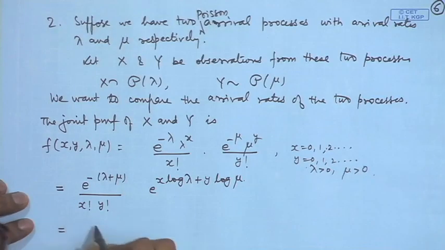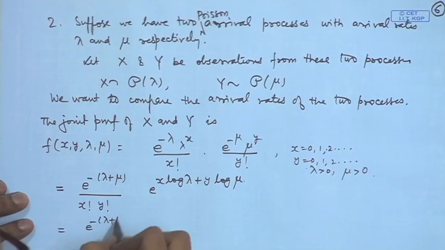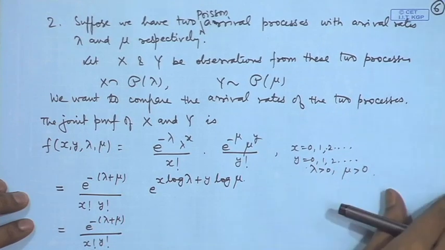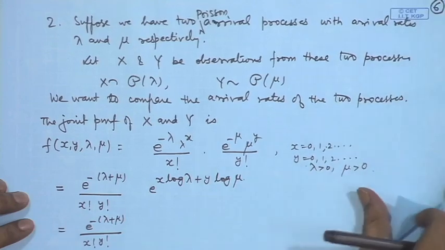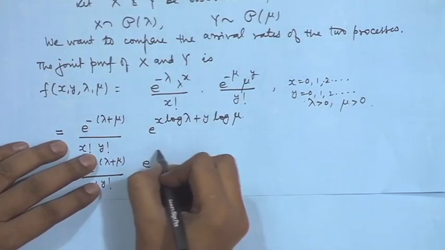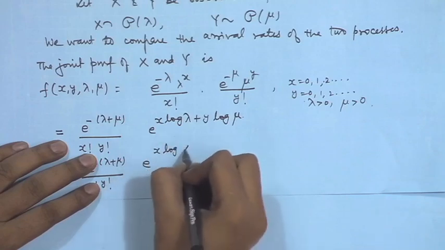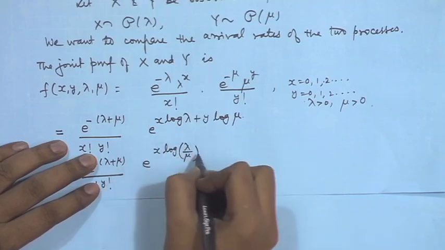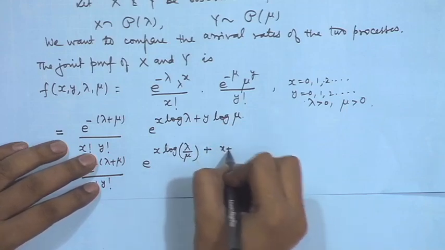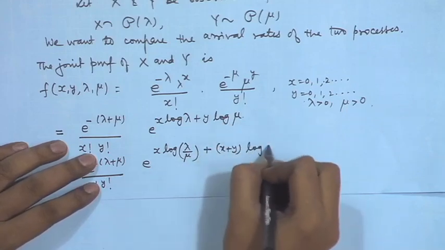So, we write it as e to the power minus (lambda plus mu) divided by x factorial y factorial, e to the power x log lambda by mu. That means, I have subtracted x log mu. So, I add that thing. So, this becomes (x plus y) log of mu.